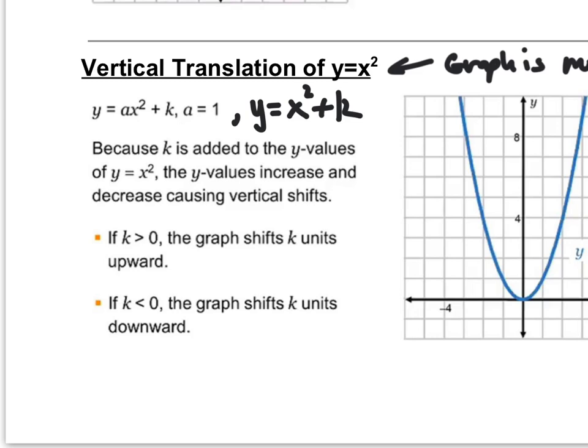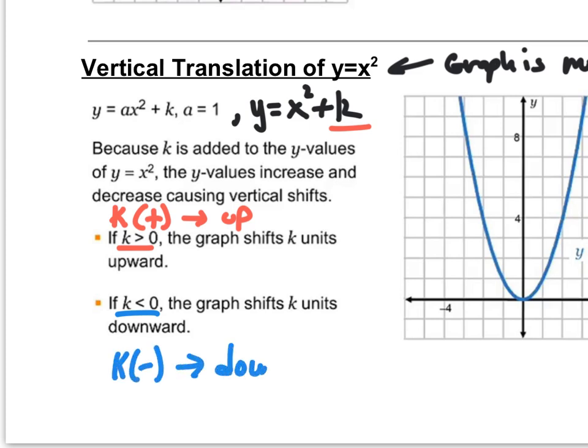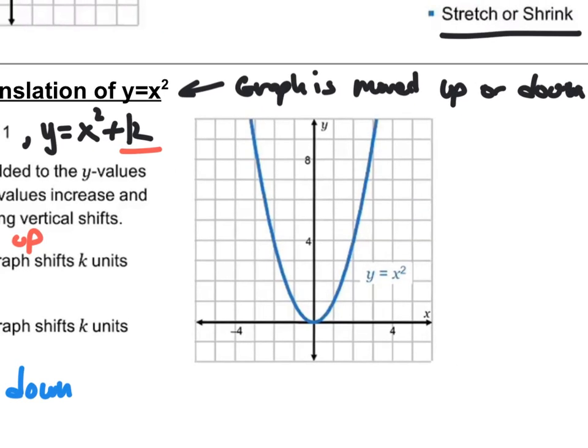When I have the plus k, that's added to the y values, and if k is positive, then the graph goes up. If k is negative, k less than 0, then the graph is going to go down.